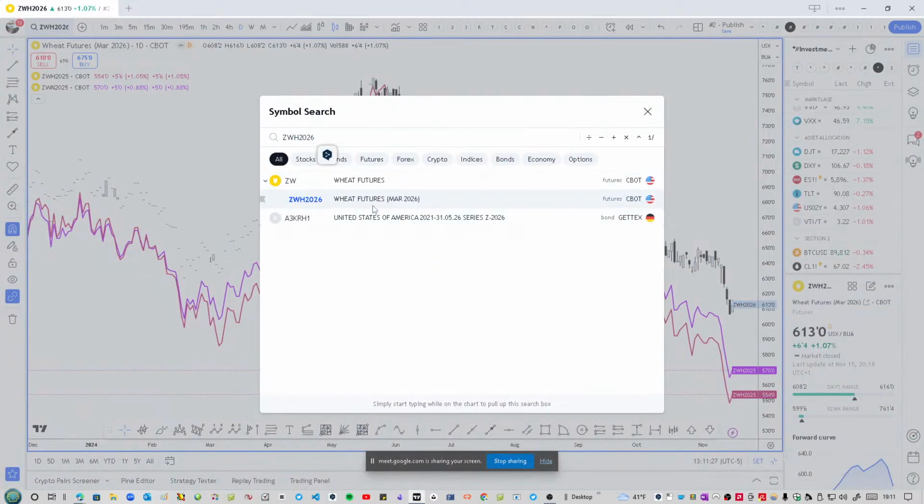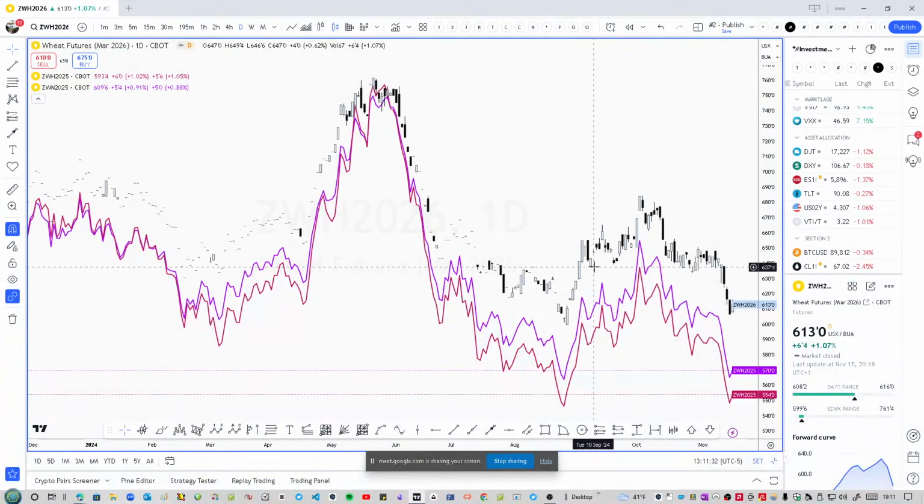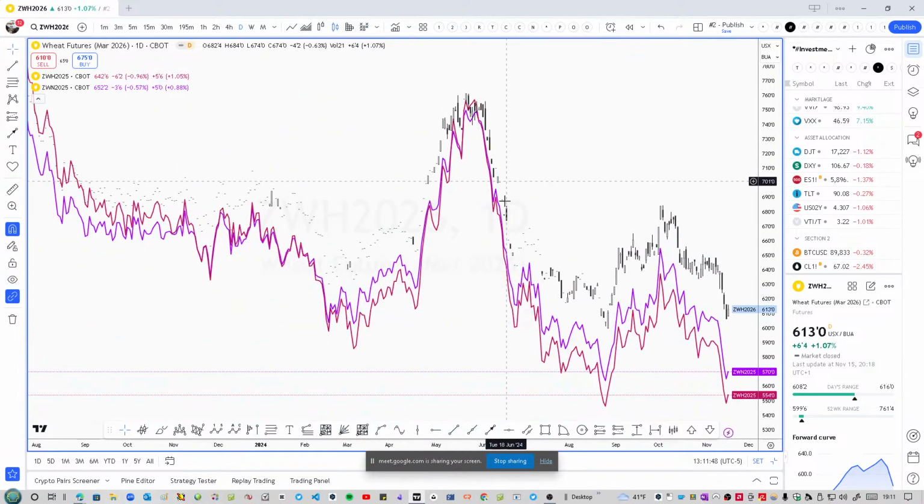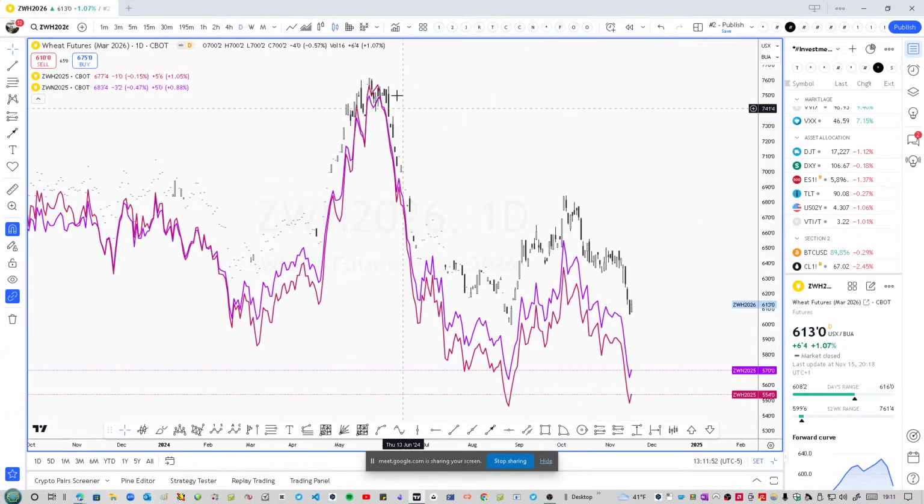What did I say? March 2026, so 1.5 years. But obviously around May, June, a lot of people bought the wheat future here. And same also for winter. And so you see already here a cyclical price action in wheat in the summer and in the winter. Okay?